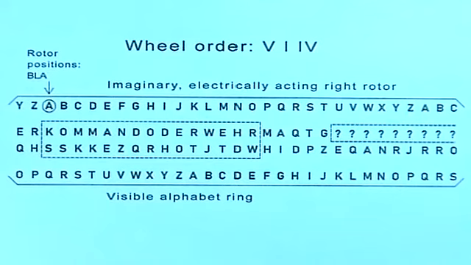That means the first letter in the crypt, the letter K, is permuted under the address A of the imaginary electrically acting right rotor. The rotors Roman 5, 1 and 4 from left to right are entered into the simulation test machine.